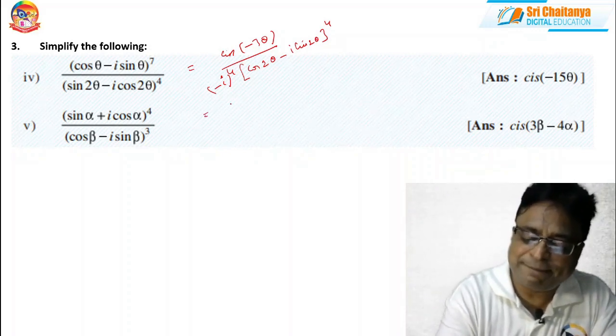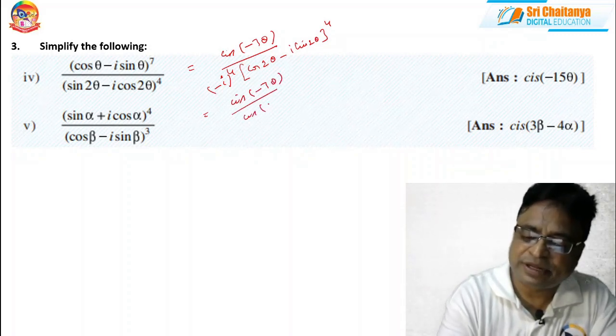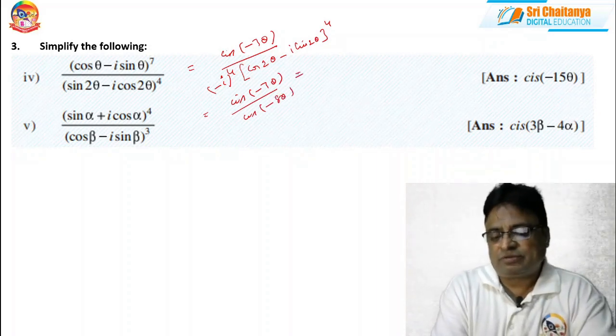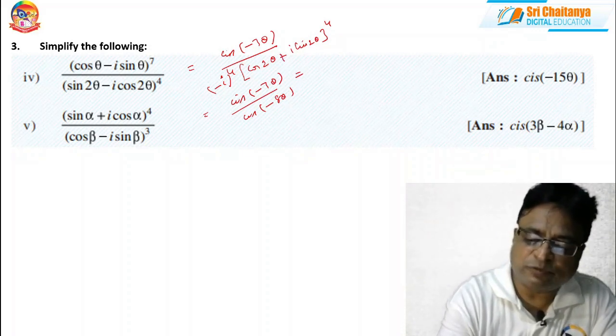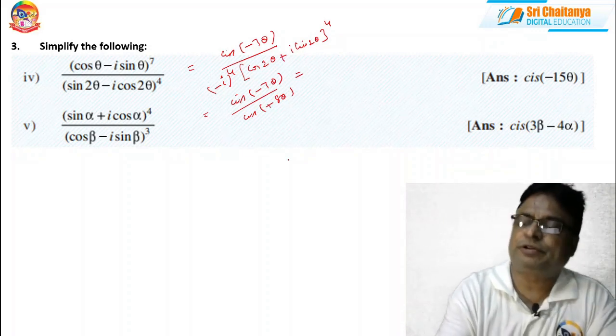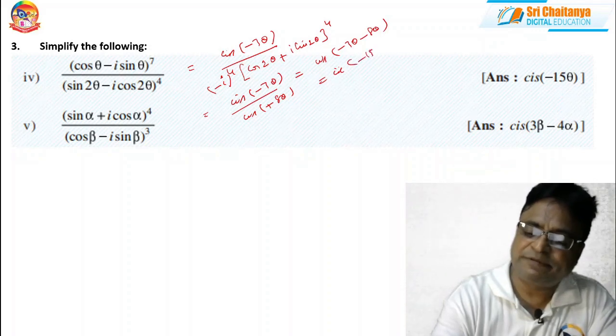So simply the numerator is cis minus 7 theta and the denominator is cis 4 theta, since the sign is plus 4. So this is cis minus 7 theta minus 8 theta, that is cis minus 15 theta.